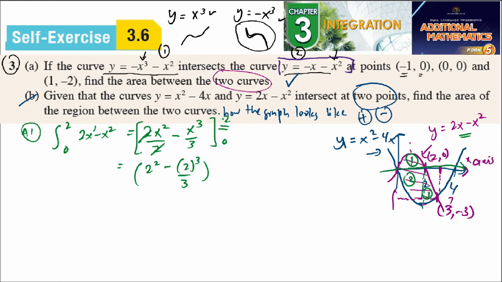Minus, when we substitute x with 0, this one will become 0, this one will become 0, so minus 0. So here we have 4 minus 2 cubed is 8 over 3, so we get 4 over 3. So area 1 is equal to 4 over 3 unit square.